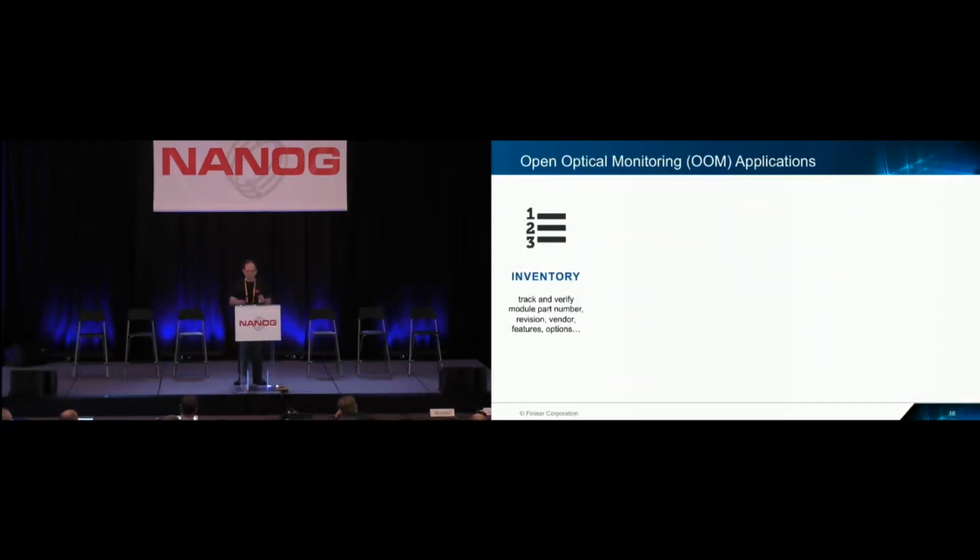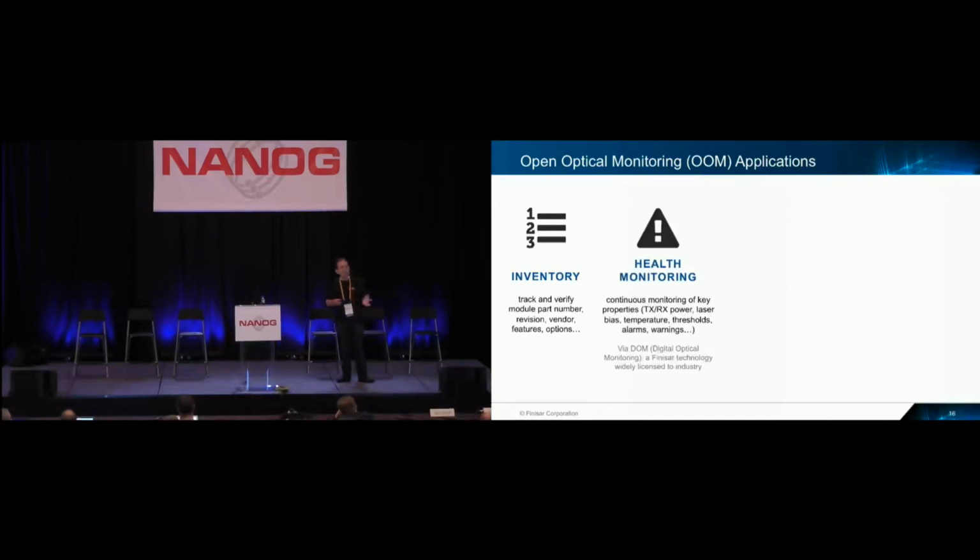So what is this good for? What applications? Well, the applications are very similar to what people use today in the standard system OEM paradigm. You could do inventory, where you track and verify the transceiver types, what you think you have versus what you really have, the optical interface in those transceivers, serial numbers, manufacturing date code, and so on for warranty purposes.